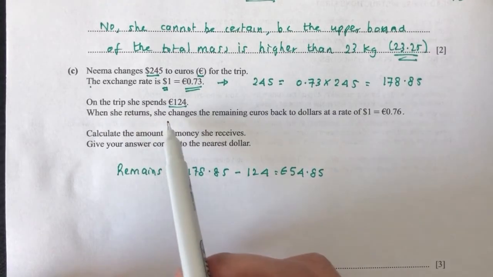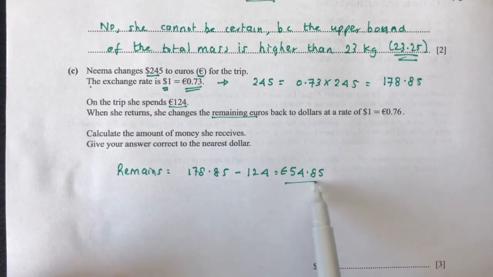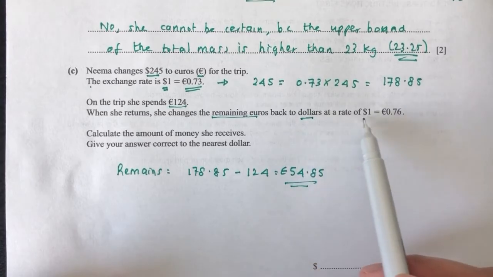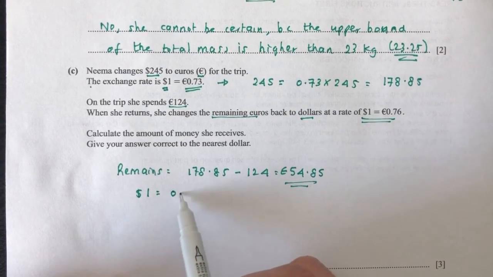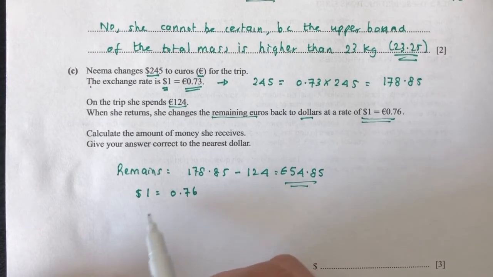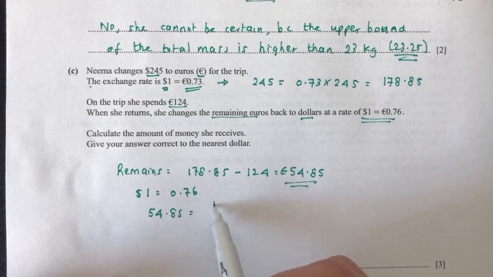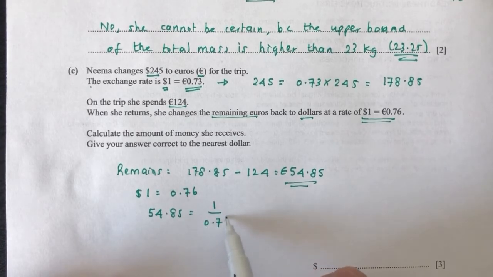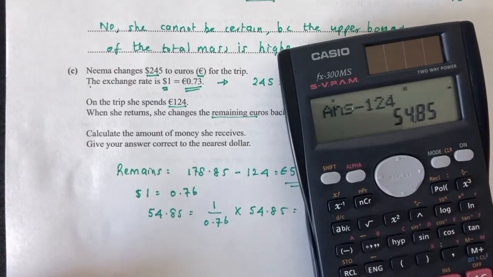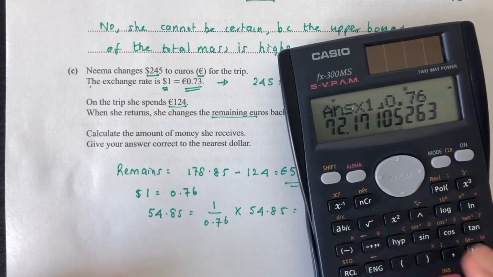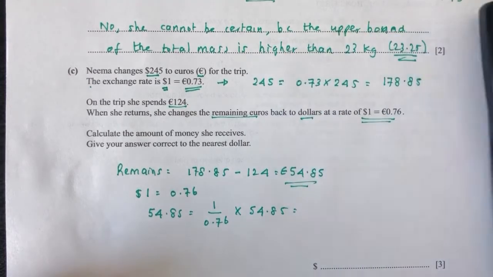When she returns, she changes the remaining euros back to dollars at the rate of $1 is equal to 0.76 euros. So now we have to change 54.85 euros: 1 over 0.76 times 54.85. That will be 72.17.